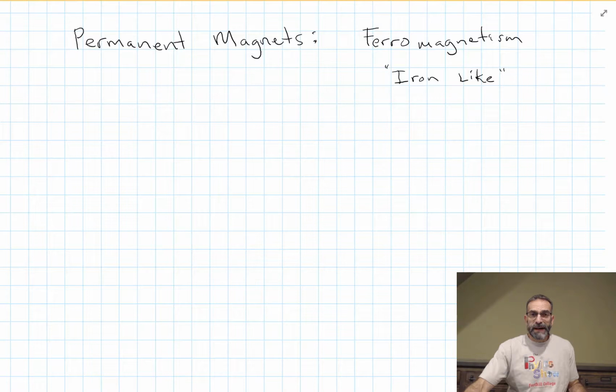Let's talk about permanent magnets. The most common type are ferromagnetic materials, or iron-like materials. Iron atoms act like little tiny bar magnets. Every iron atom has a magnetic moment.